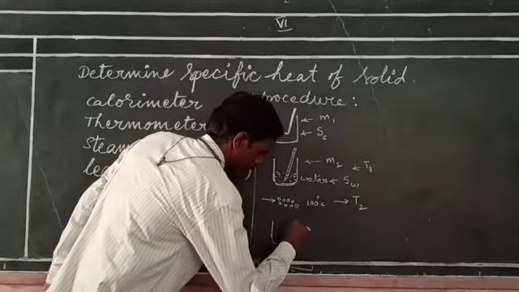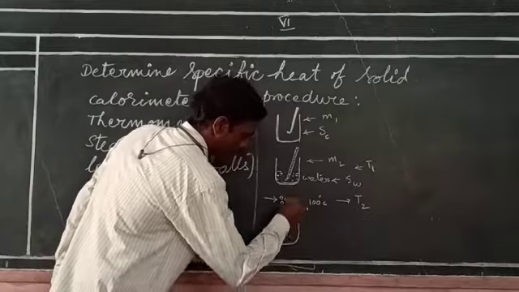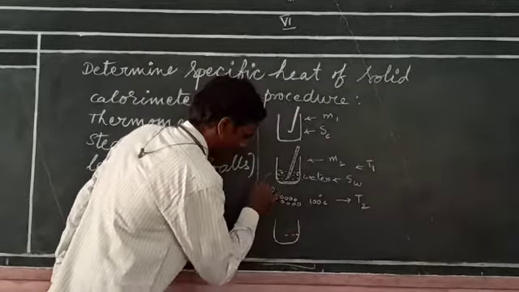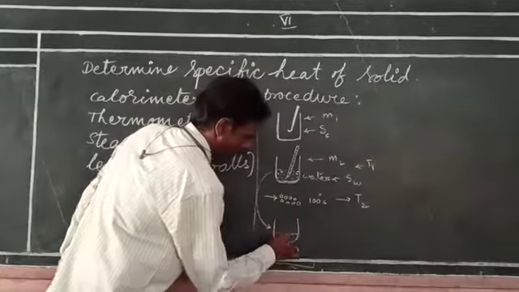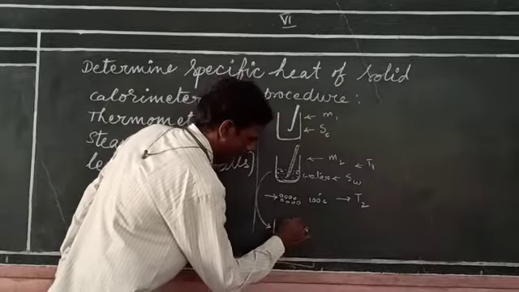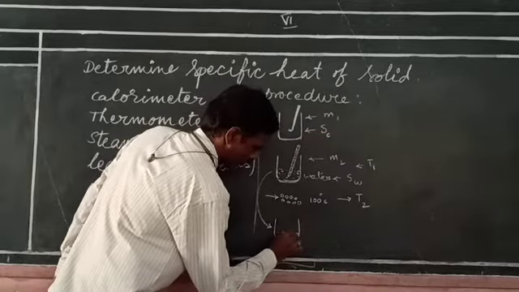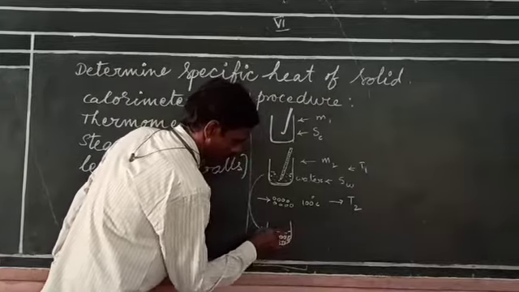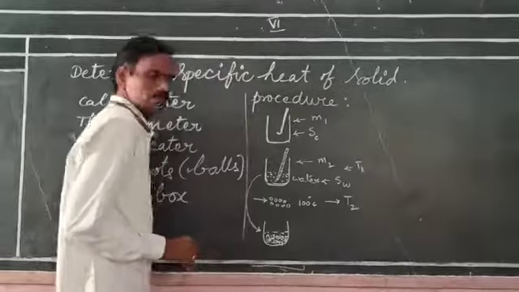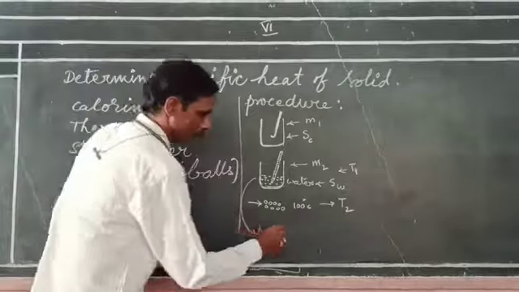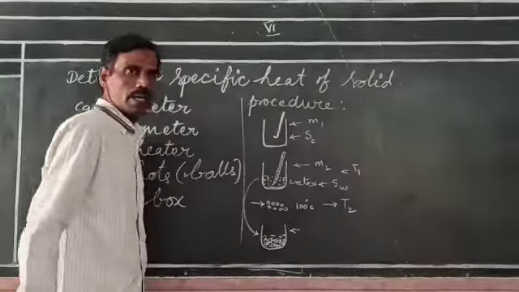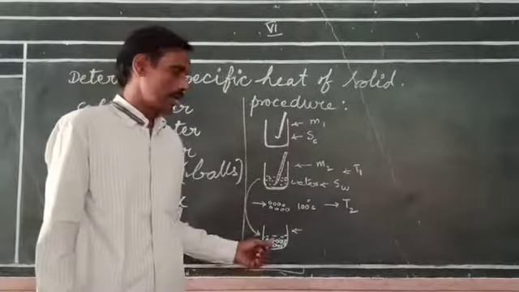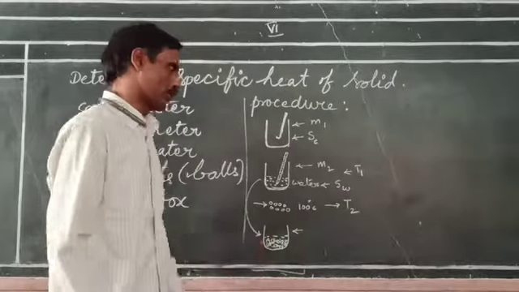Now place these lead shots in the calorimeter along with water. Now find the mass of the calorimeter along with water and lead shots.